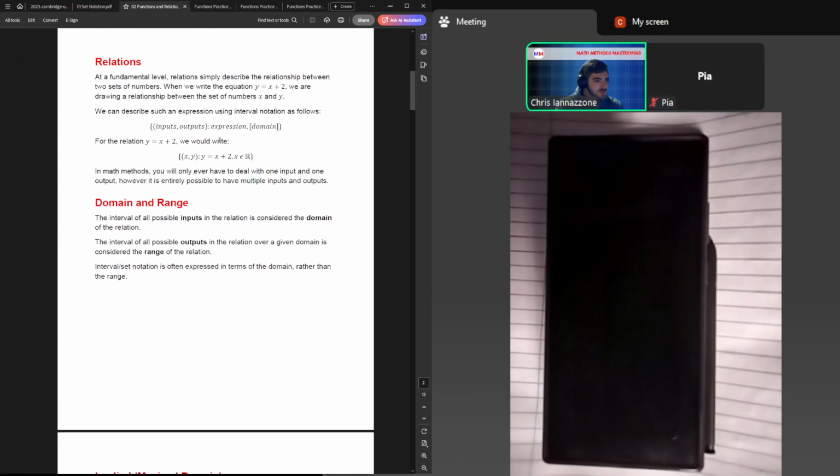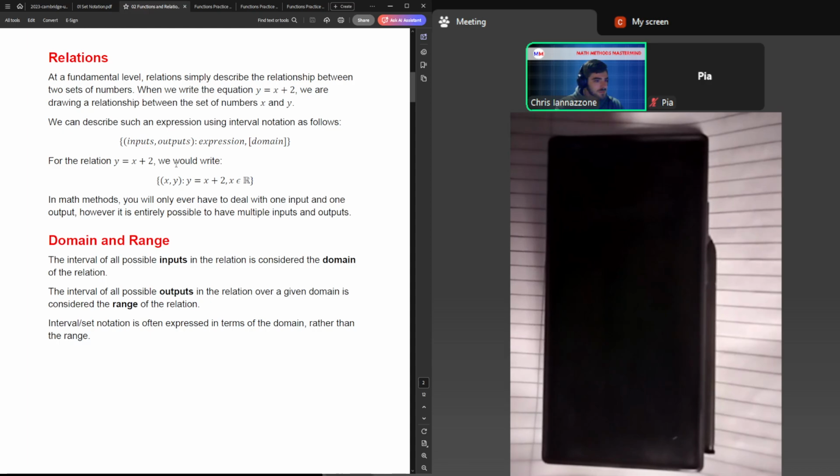Next up, functions and relations. So basic function notation might look something like this. We maybe saw a slight example of that as I was scrolling through. The way it basically works is whatever's at the front here are the variables, well, this is technically all possible relations, but basically what variables are being used.